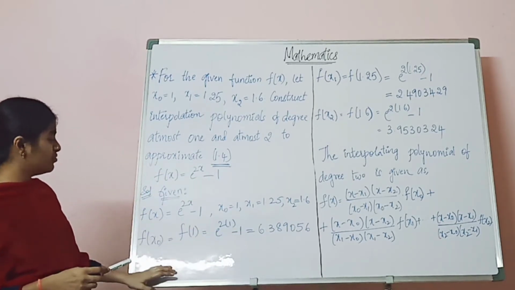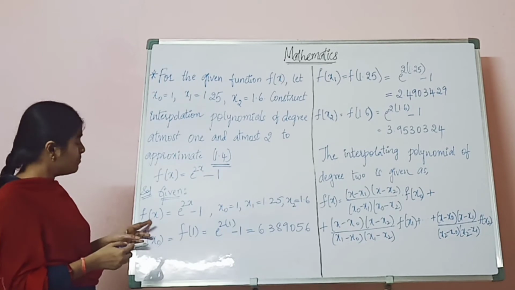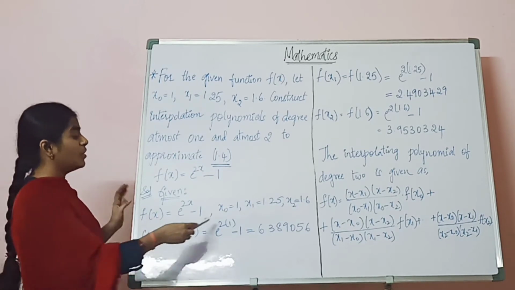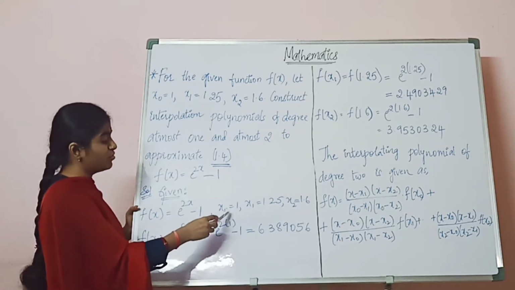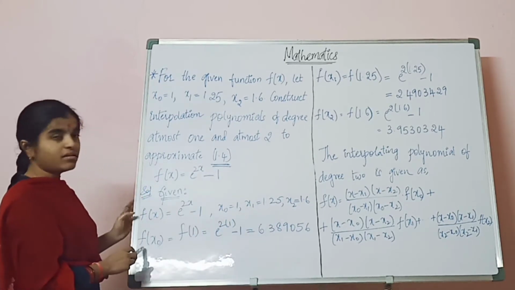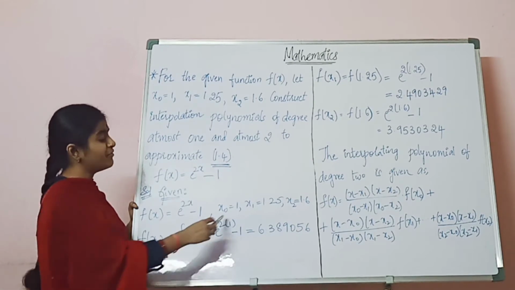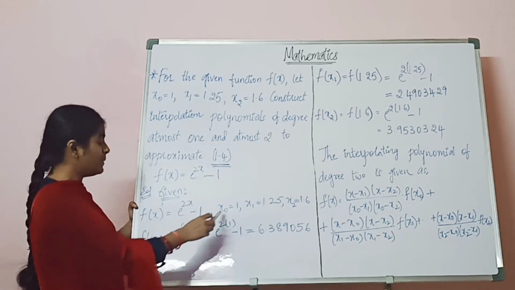Now what we have to do here is substitute in the place of x the values x0, x1, x2 given in the question. So first we are substituting x0. f of x0 equals, what is the value of x0 given in the question? 1.